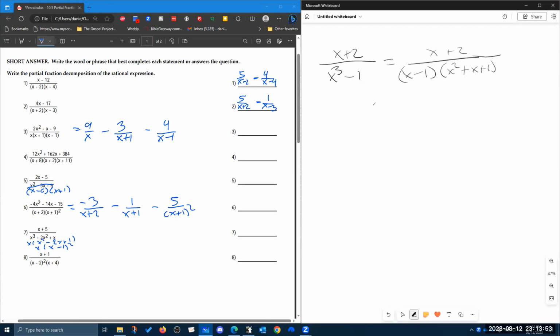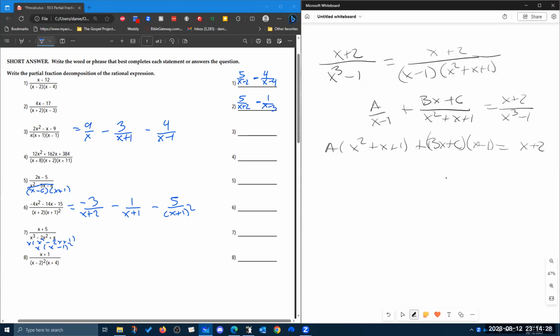So we're going to say that this is going to be A over x minus 1 plus, and then because this is quadratic, I'm going to go 1 degree less than that. Like so. So A times x squared plus x plus 1 plus Bx plus C times x minus 1 would need to be x plus 2, something like that.